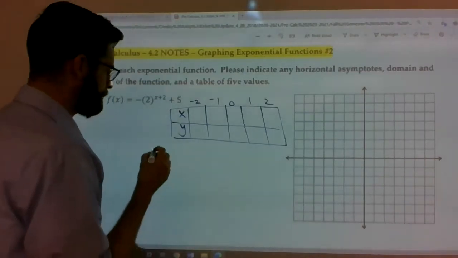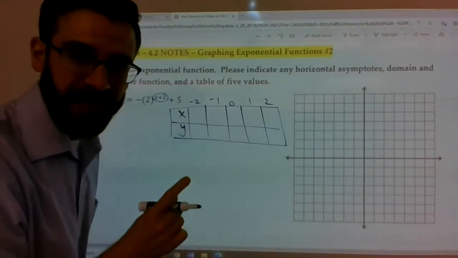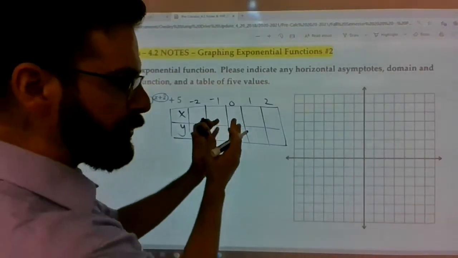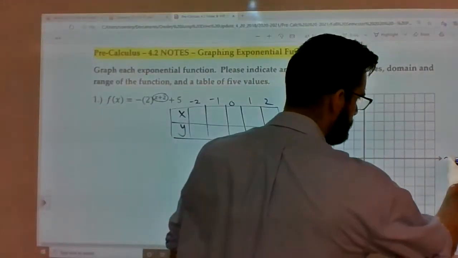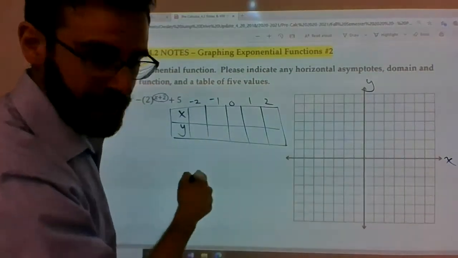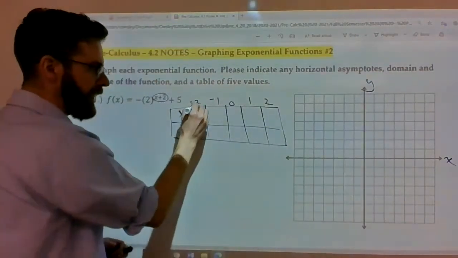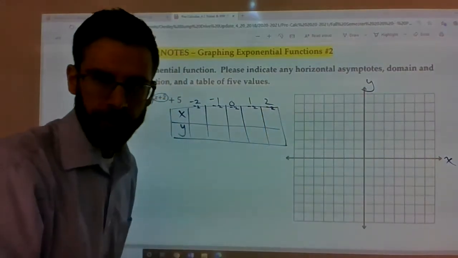Here's the thing though. This right here means that you're shifting everything horizontally left 2 units. All right? The x-axis is the horizontal axis, so what you're going to do is subtract 2 from each of these to get points that matter on the graph.